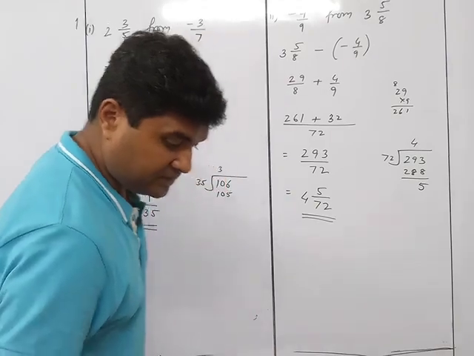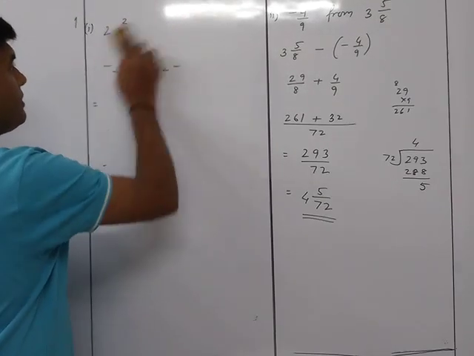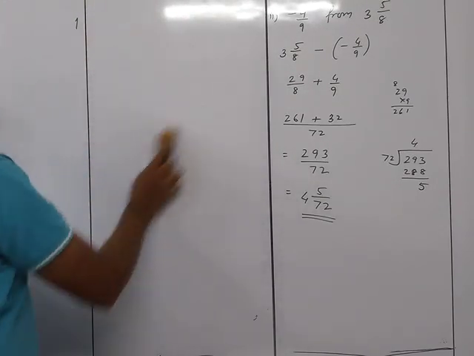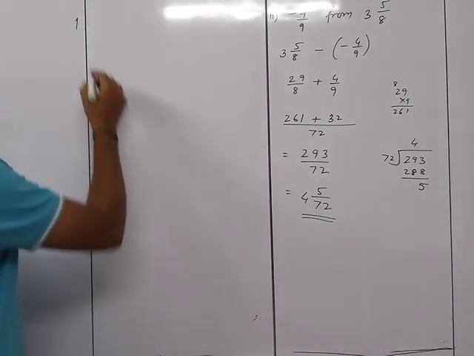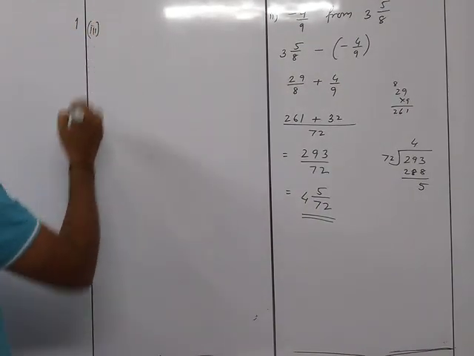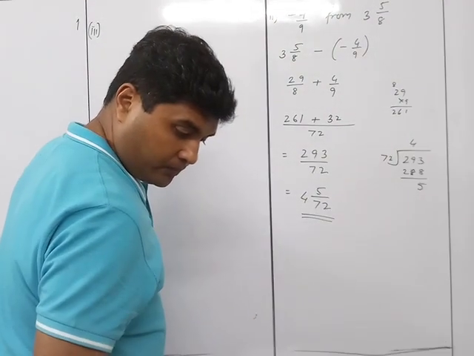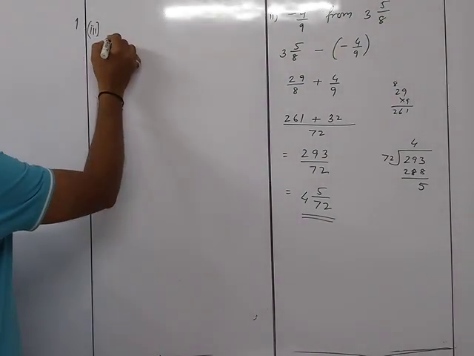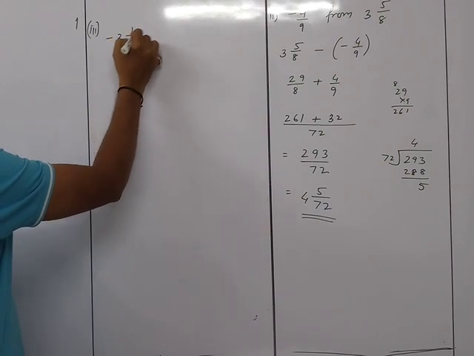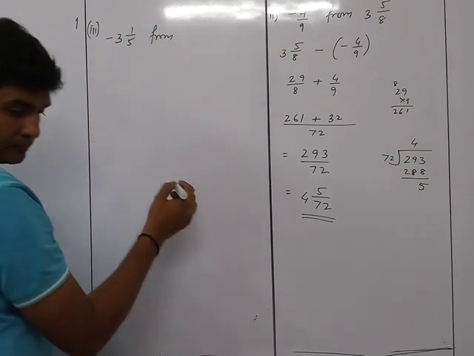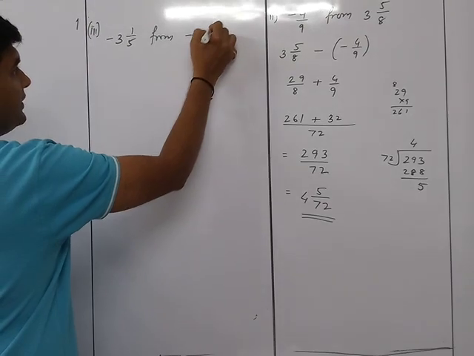The next one is sum number 3. It is minus 3, 1 upon 5 from minus 4, 7 upon 9.